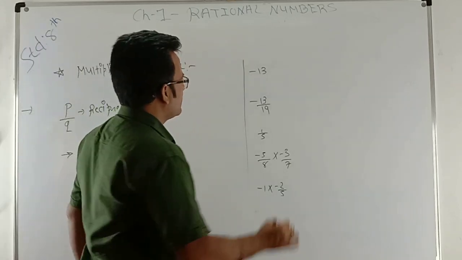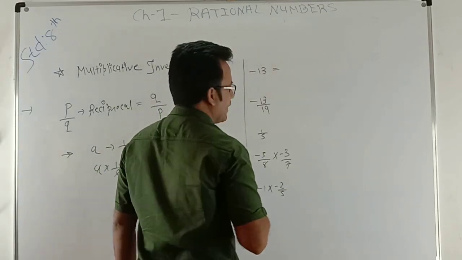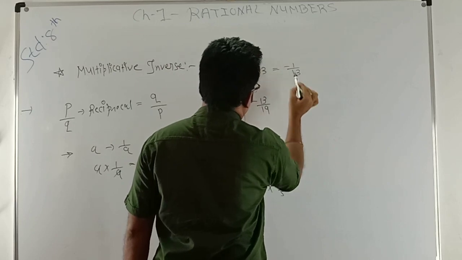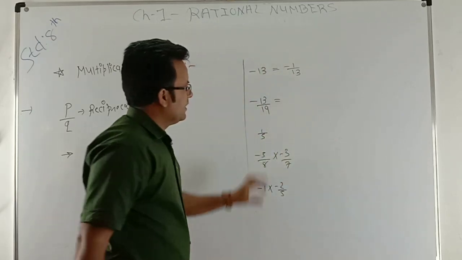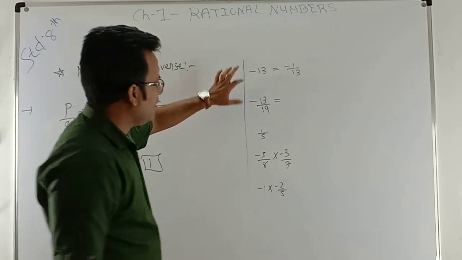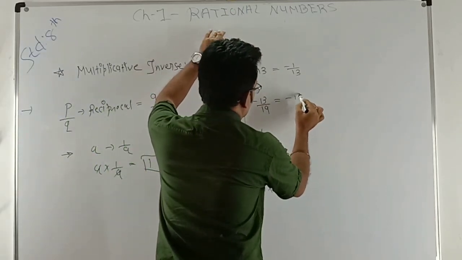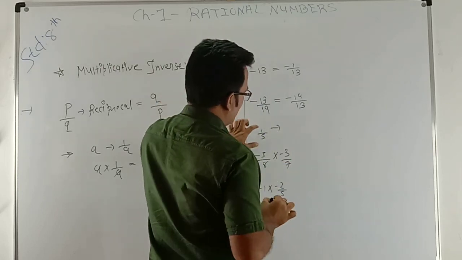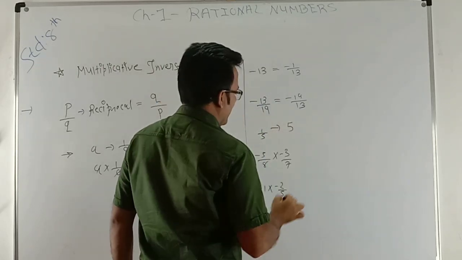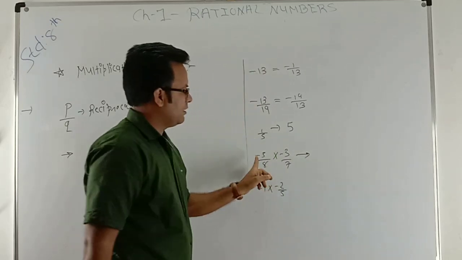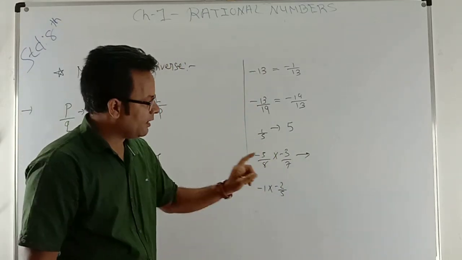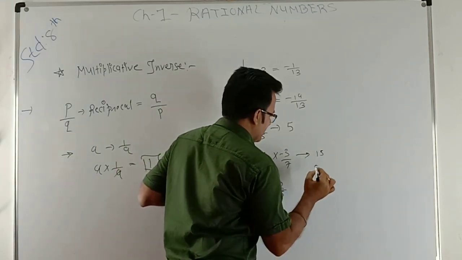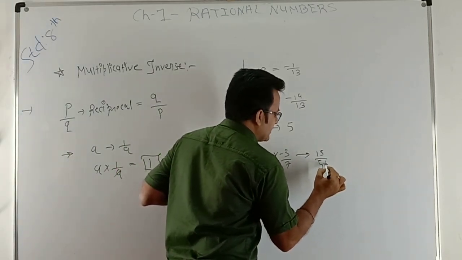Here given minus 13. Okay, only one number is given, so it will be minus 1 upon 13. Here you have to invert the number. Okay, so it will be minus 19 upon 13. Here 1 upon 5, so it will be 5. Here you see minus minus is plus and multiplication you have to do. So it will be 15, 5 3s are 15, 8 7s are 56.